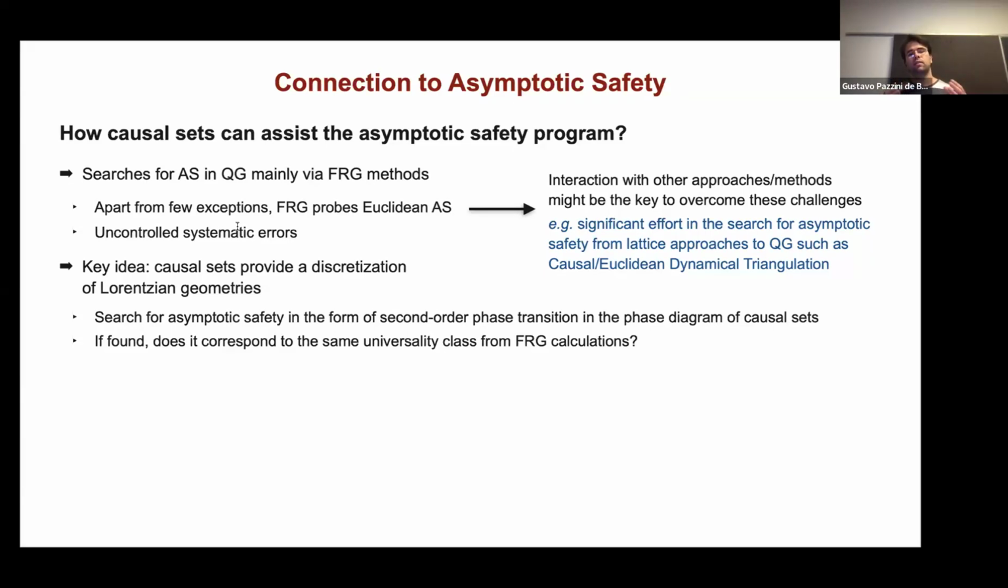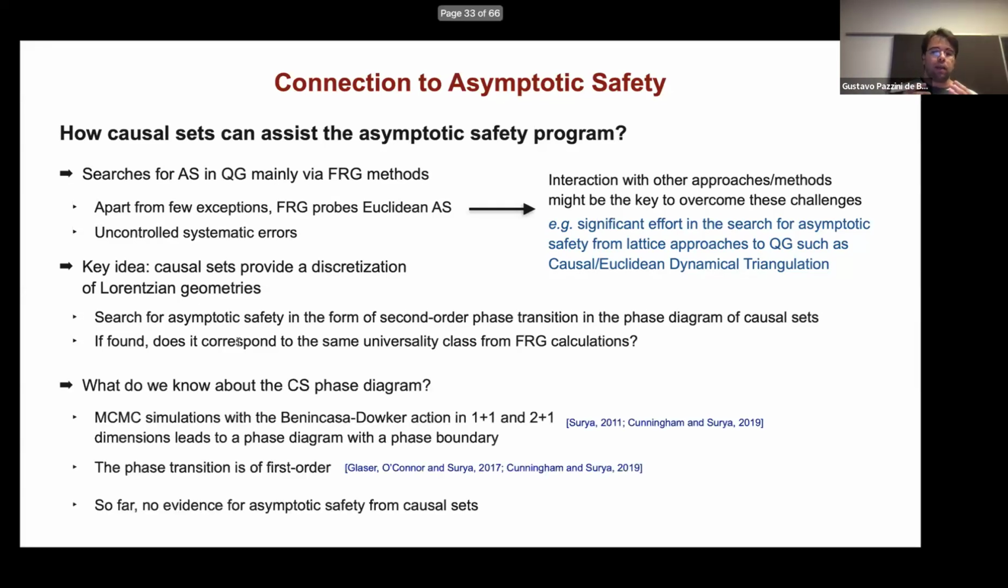Since we saw that there is a way to take a continuous action and discretize it in a causal set manner, we can use this discretization to explore the phase diagram of causal sets, and in particular, search for asymptotic safety in the form of a second order phase transition. And if we find such a phase transition, then we can ask questions like, does it correspond to the same universality class that we see for FRG calculations, for example?